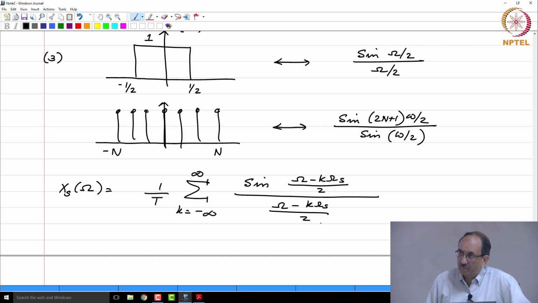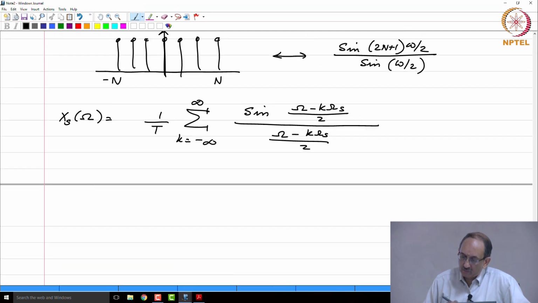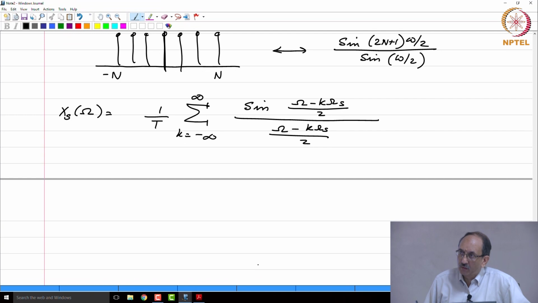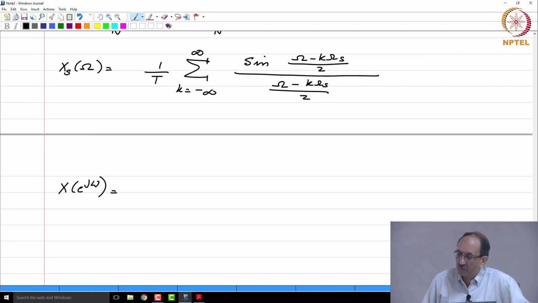So, this is what the sampled signal spectrum is, and X(e^jω) is obtained by replacing Ω by little ω times Fs.